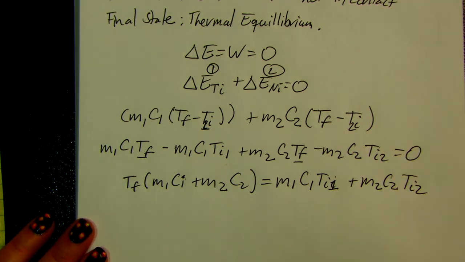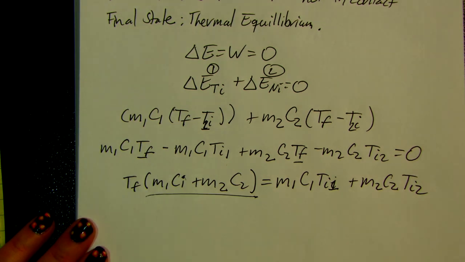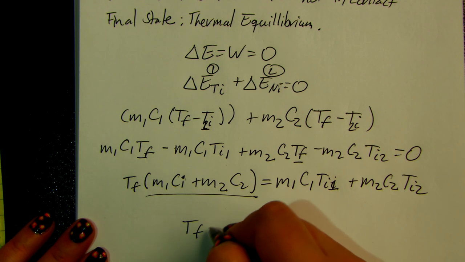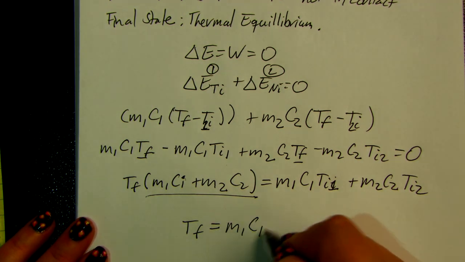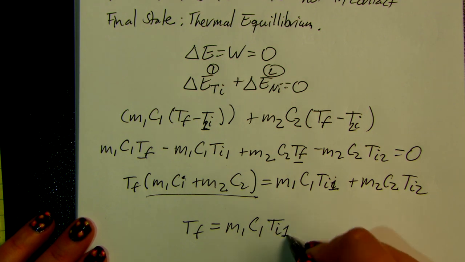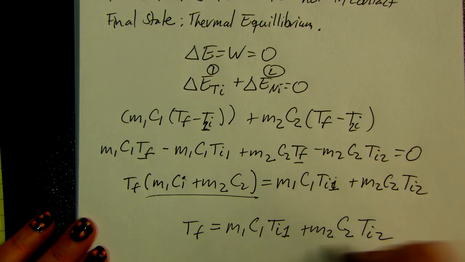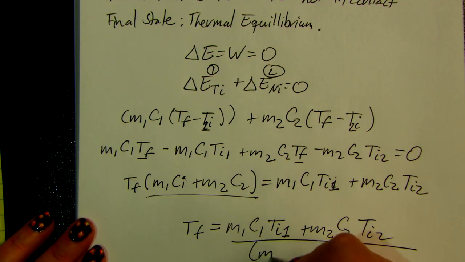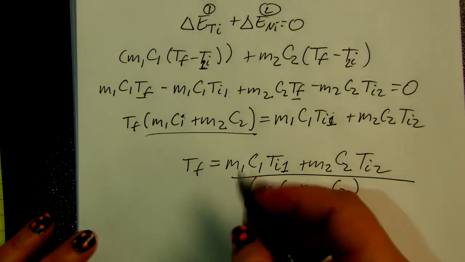Now we're going to go ahead and divide both sides by this here to get T final by itself. So T final is equal to M1 C1 T initial 1 plus M2 C2 T initial 2 divided by M1 C1 plus M2 C2.